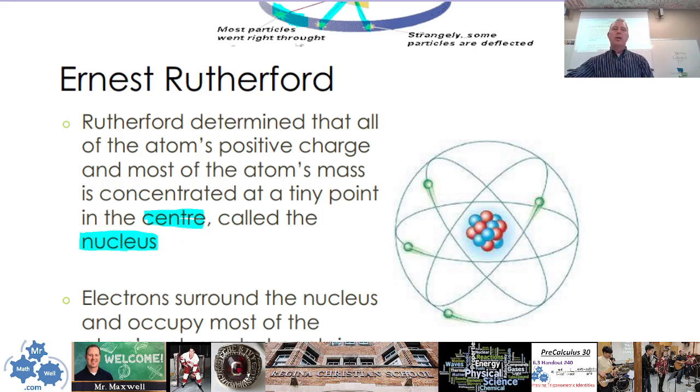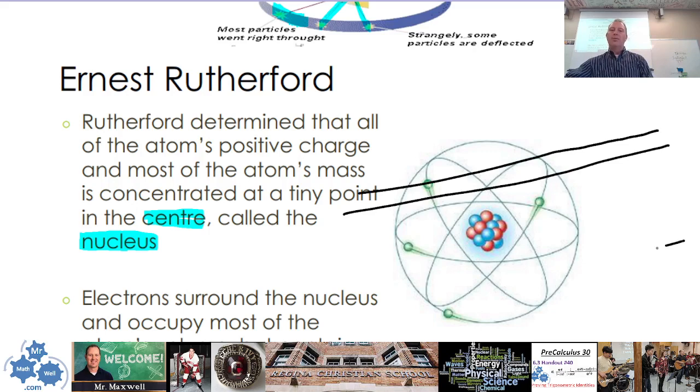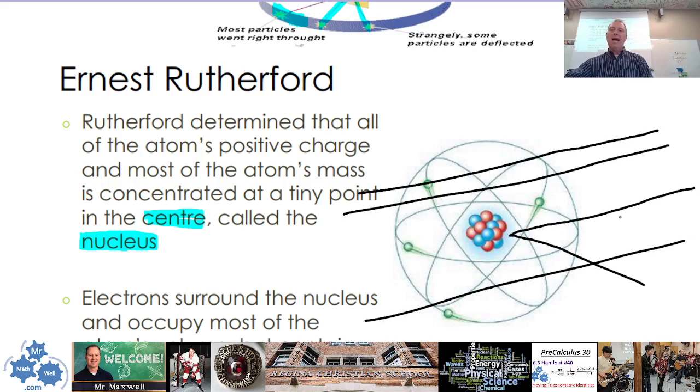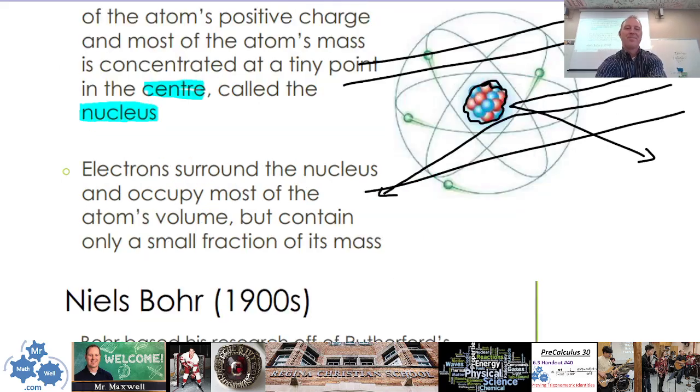And the particles that were shot through, most of them went around the nucleus. But some of them, when they got close, actually bounced back or were deflected away. And so this is what he thought was happening, and he theorized this nucleus in the center of the atom.